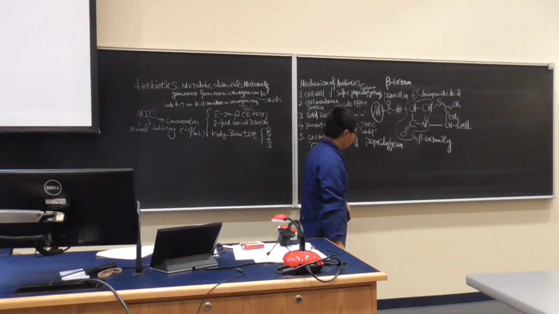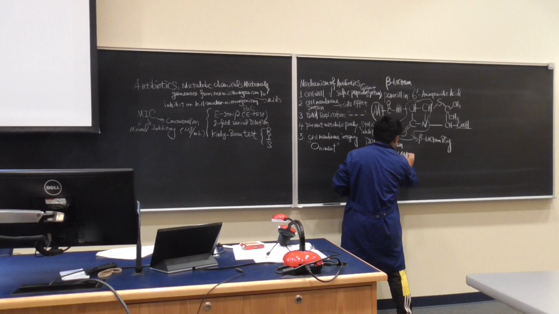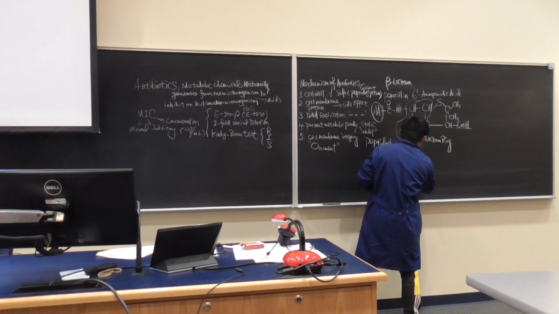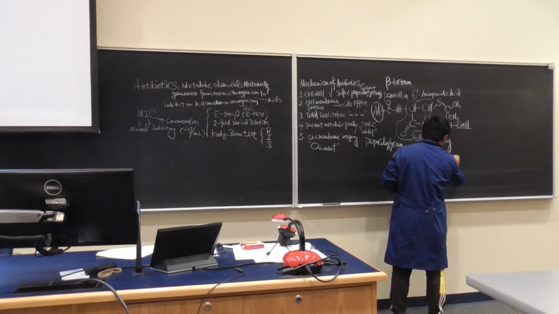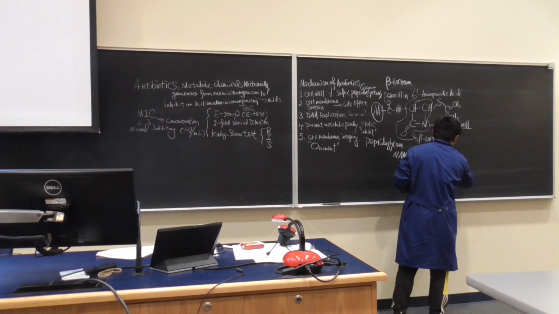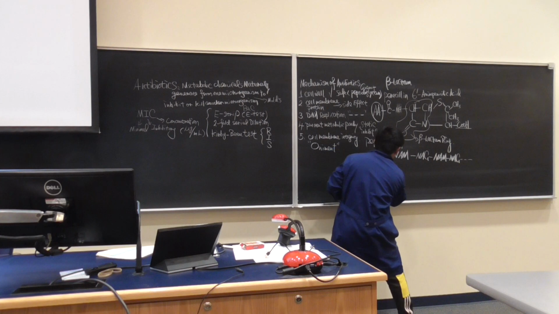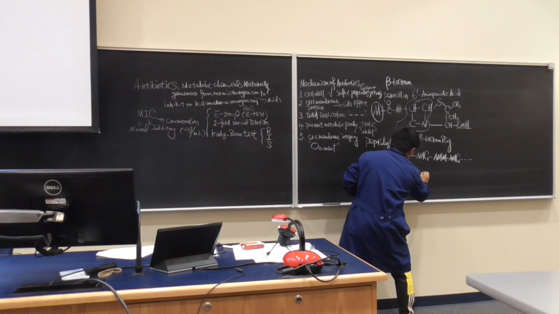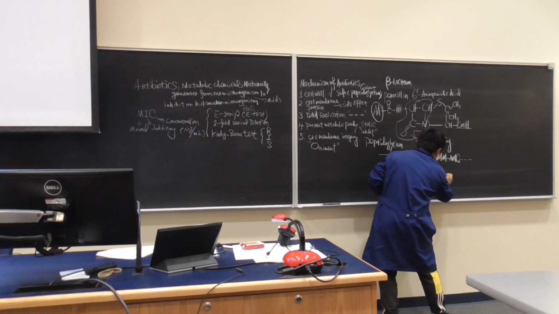What does it look like? It has modified sugars, N-acetylmuramic acid and N-acetylglucosamine, alternating in long chains. We will have a second one that is the same, so we just draw two lines. The modified sugar has one line.